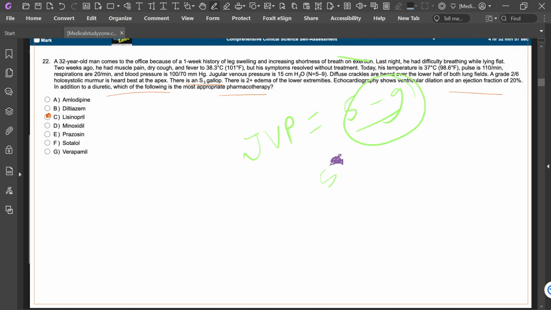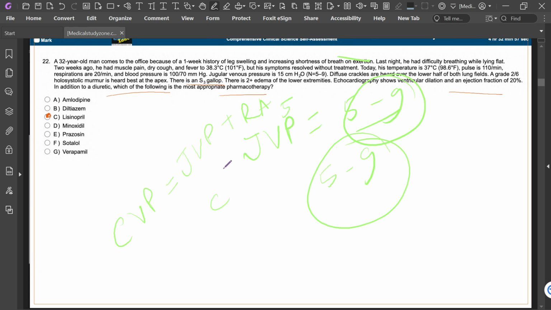I thought it was high. Wrong, it's 5 to 9 normal. I feel like it changes, or I don't know why. There is central venous pressure, where right atrial is 5 and JVP is 3.